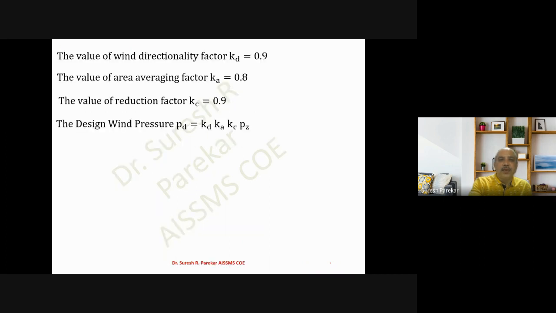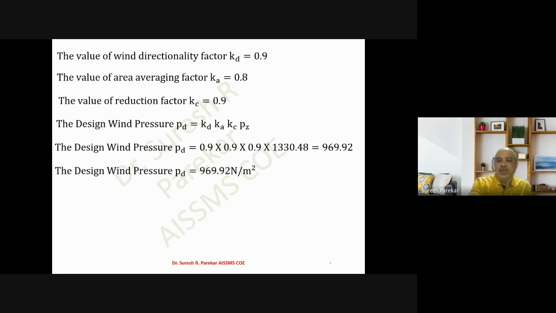If we go with design wind pressure, then we got this value as 969.92 Newton per meter square. Now we will multiply it by 1.702, that is again the center to center distance between purlins, and we have this value as 1650.8 Newton per meter.